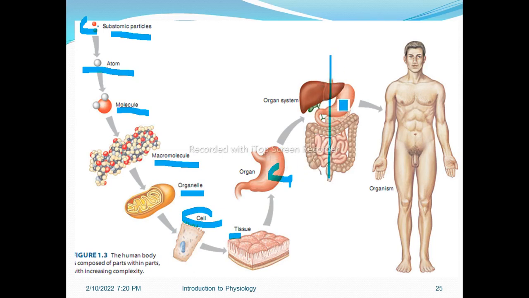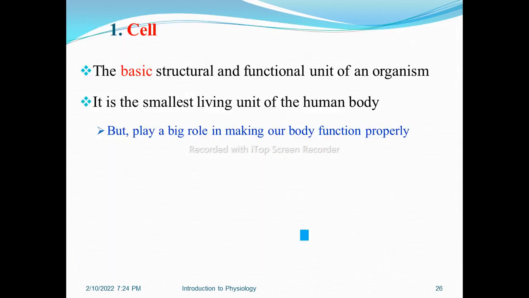This is the alimentary canal, and these are the accessory organs. Together with the alimentary canal, we can say gastrointestinal system or digestive system. This is one system, but there are 10 other systems. All systems together give us an organism, the human organism. So this is the human body level of organization.